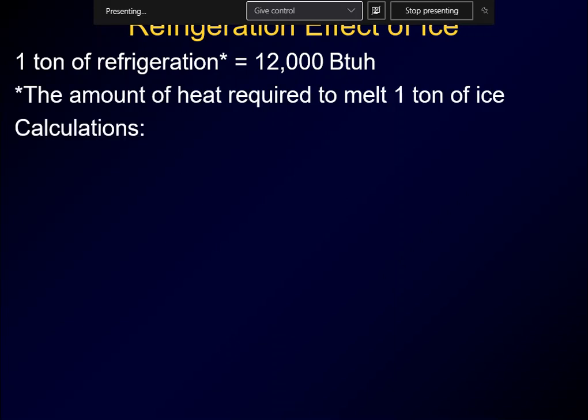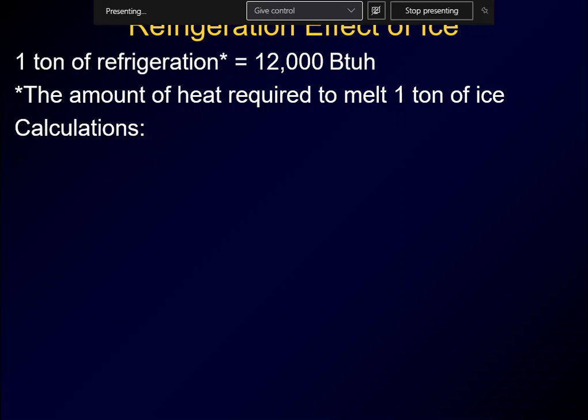So years ago, there was a contest or a whatever, where they were trying to figure out, if they had a ton of ice, how long would it take for it to melt? How much heat would it take for it to melt? And so, people came and they measured, and I think it even talks about this in your book. They measured and they calculated, and scientists were using all sorts of things.